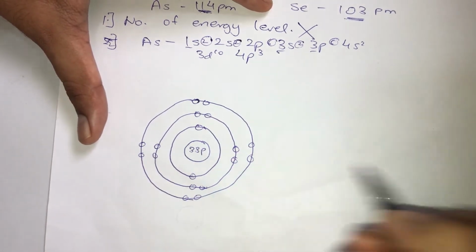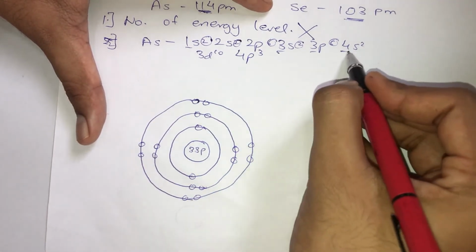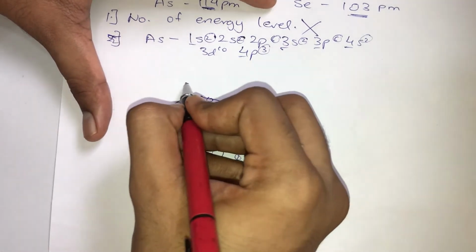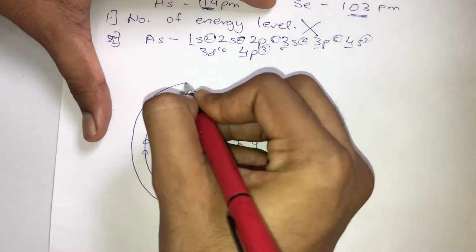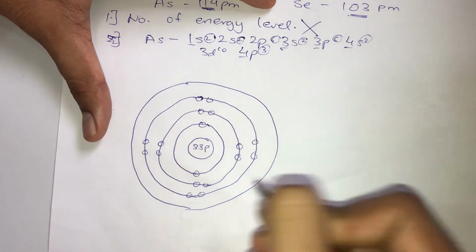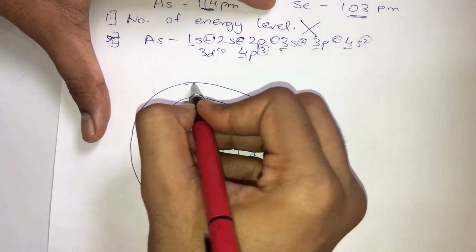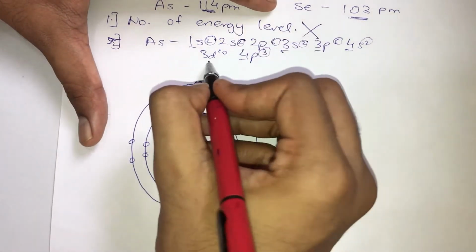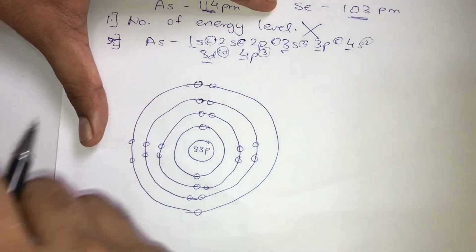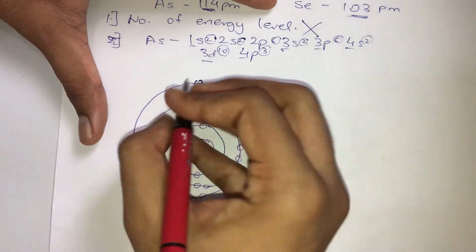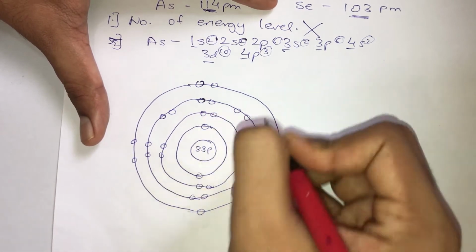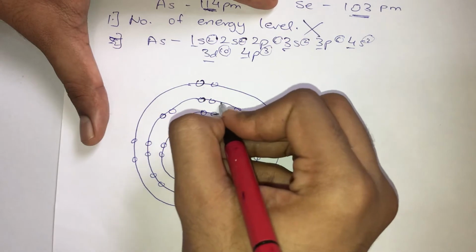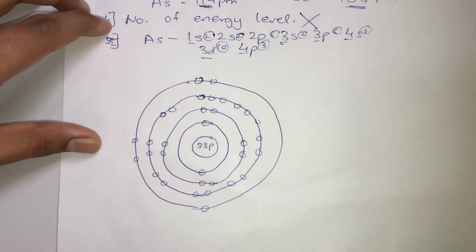Inside the fourth energy level, there are 3 plus 2, 5 electrons. Now don't forget these 10 electrons of 3d, so we have to add 10 more electrons inside the third energy level.